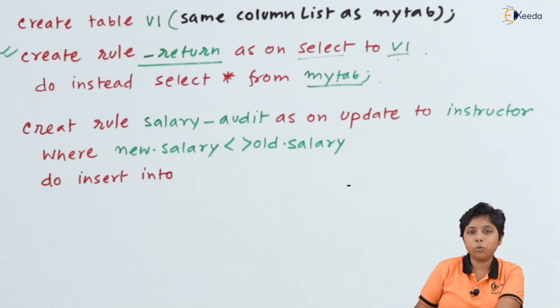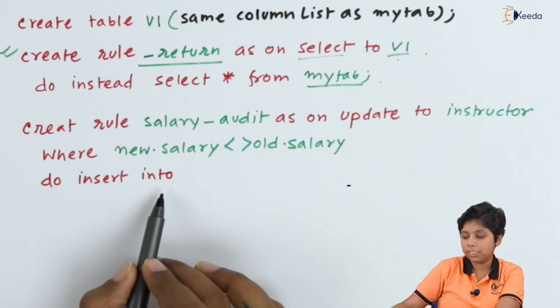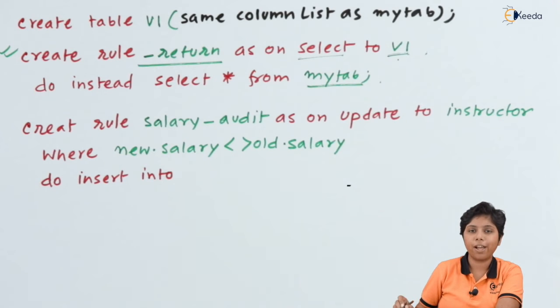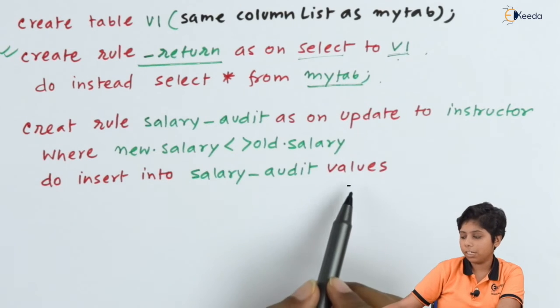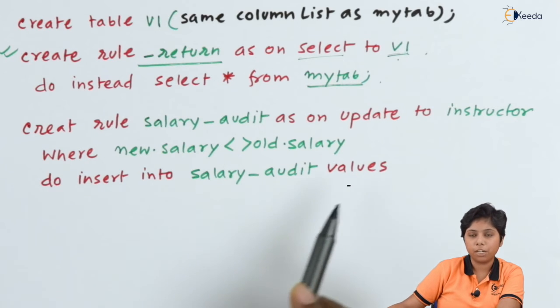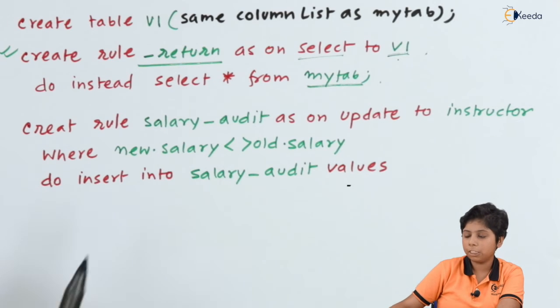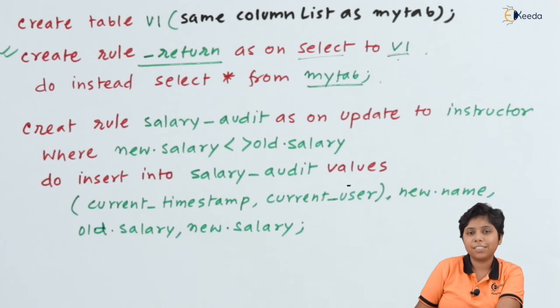Now inside the do instead, we are using do insert into, because we are inserting the values into the log records. So we have the current timestamp and current user values that we want to insert into the salary audit, as the salary has been increased for the instructors. So this is the basic query.